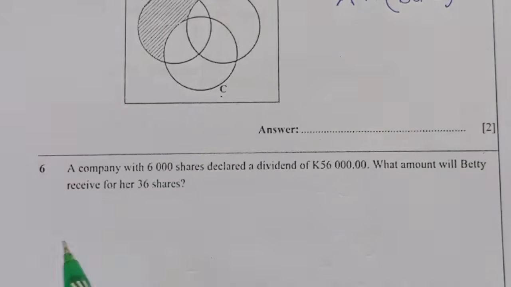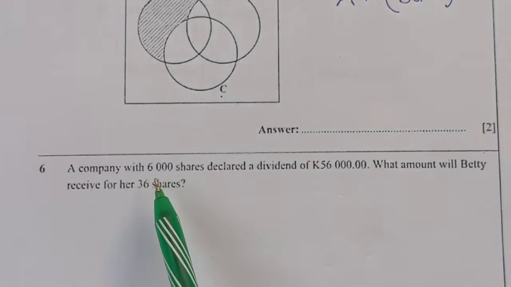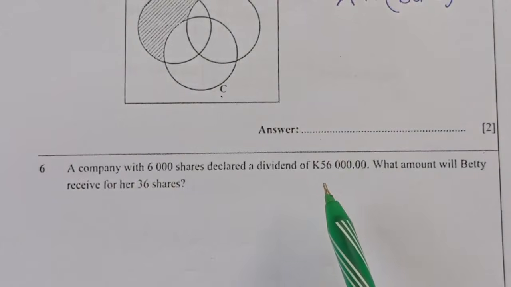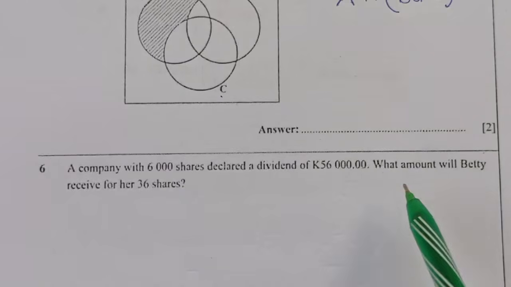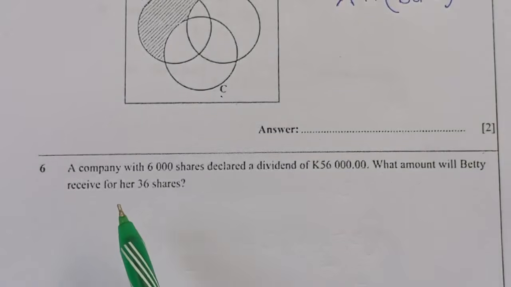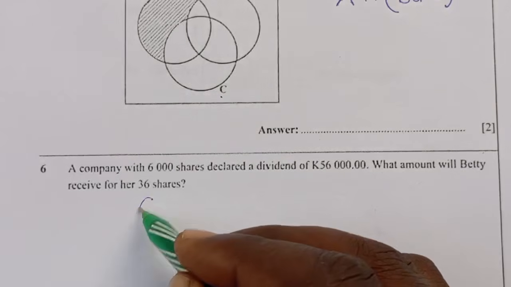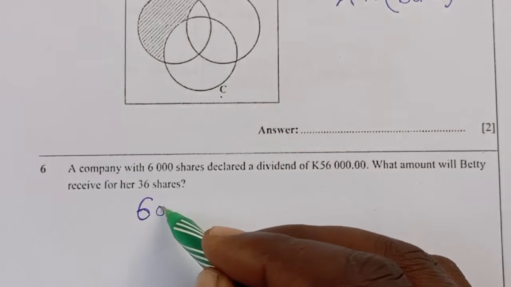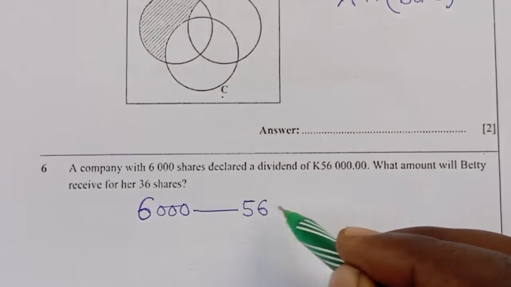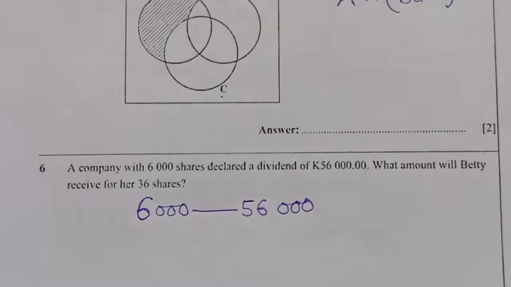Question 6 is saying, a company with 6,000 shares declared a dividend of 56,000 kwacha. What amount will Betty receive for her 36 shares? So they are equating the 6,000 to what? 56,000, like this.